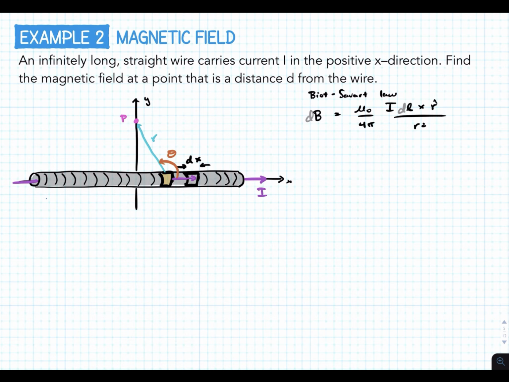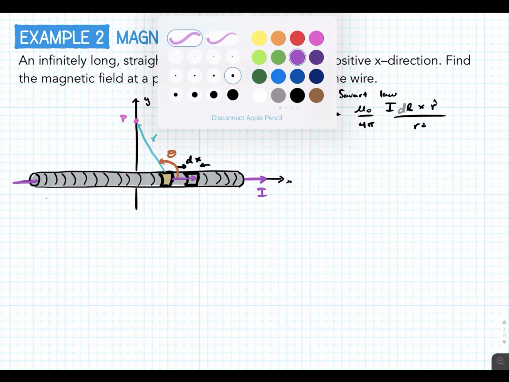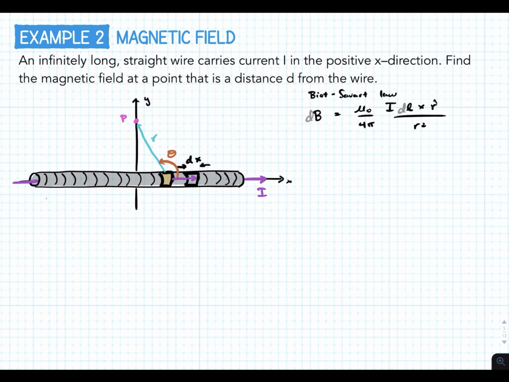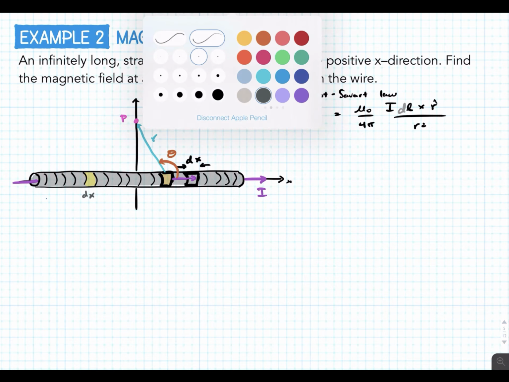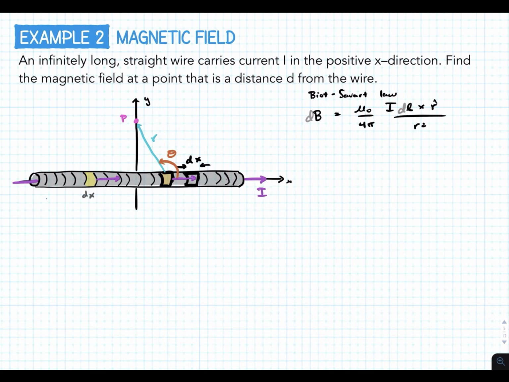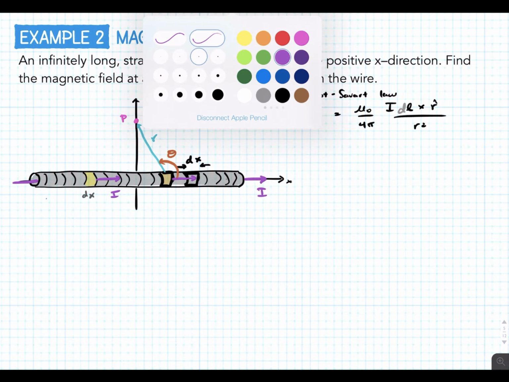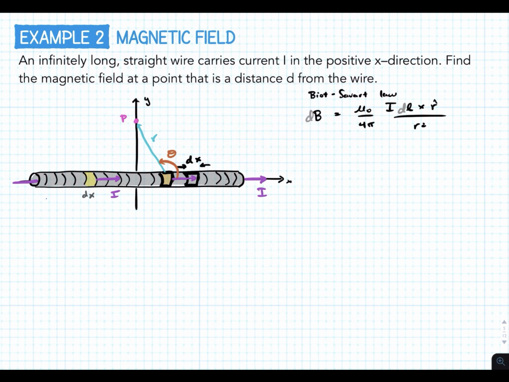So this is going to change because if you go over here, you can get a different dx, which has a current that's the same, an R that's a little bit different, and a different theta.